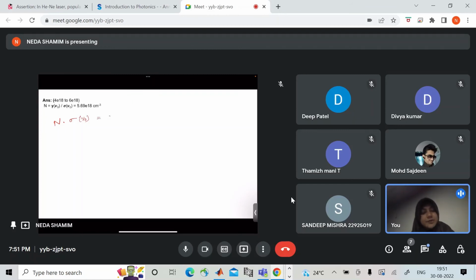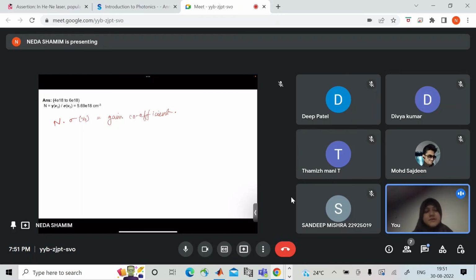There we found the absorption coefficient because we were using absorption cross section. Now here we will use a gain coefficient. My gain coefficient is already given, and it's not in dBs, it's already in per centimeter, so no need to convert it. Okay, and we are being given the absorption cross section.